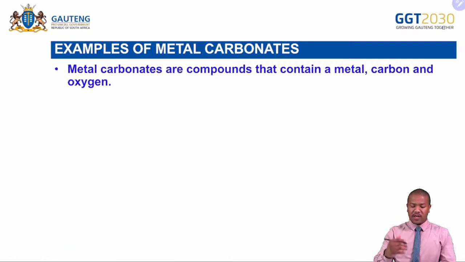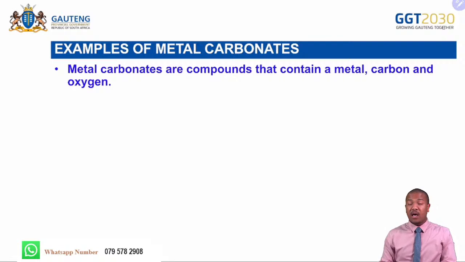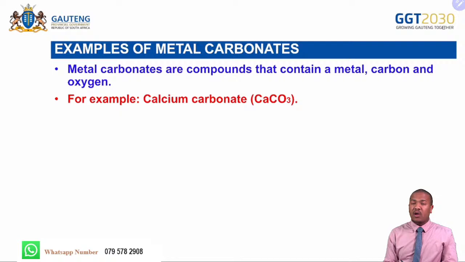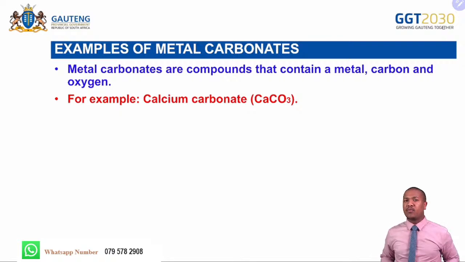First of all, we said a metal carbonate is a compound that contains a metal, carbon, and oxygen. So for example, calcium carbonate. Why am I saying calcium? If you refer back to your periodic table, you find calcium under metals.